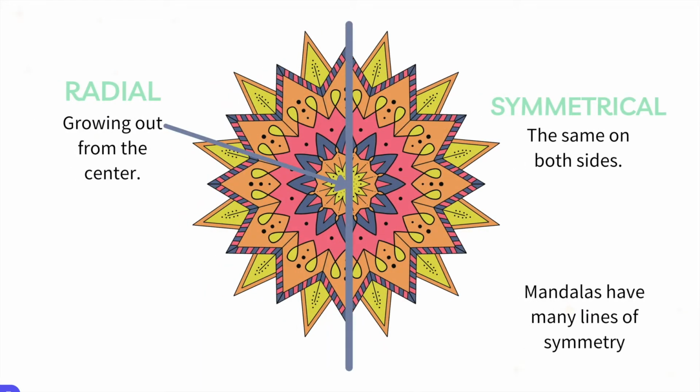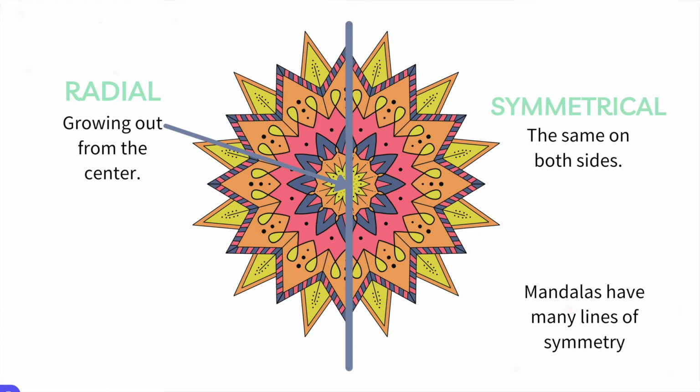All right, so here is an example of a mandala. And remember, radial means that it grows outward from the center. So we have small circles in the middle, and they get bigger and bigger as we go out to the outside of the mandala. And symmetrical means that it's the same on both sides.